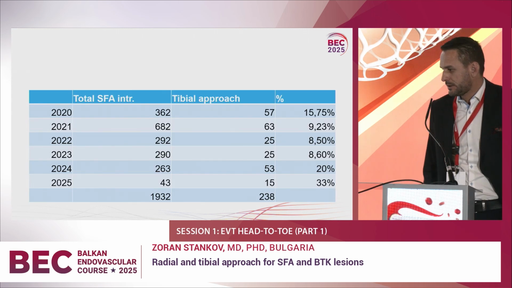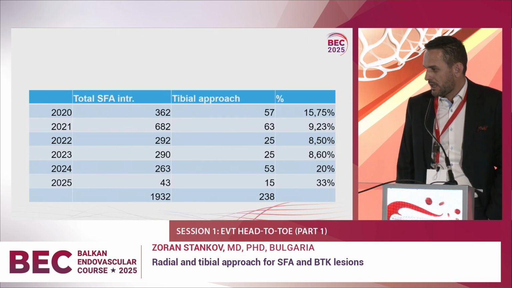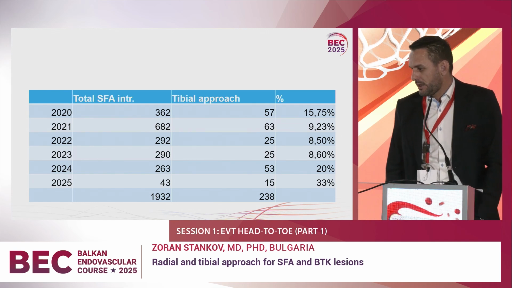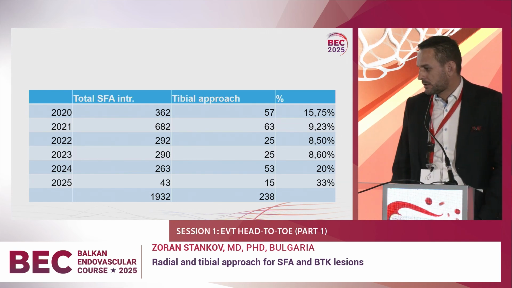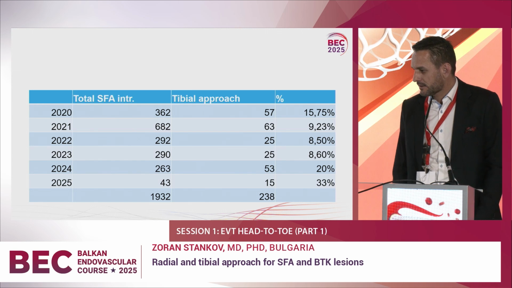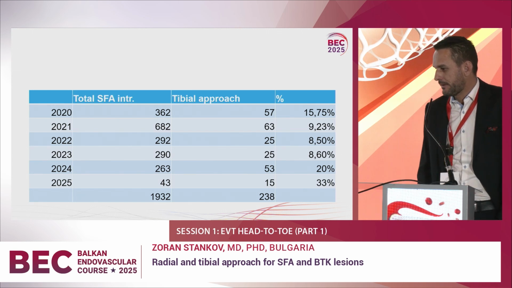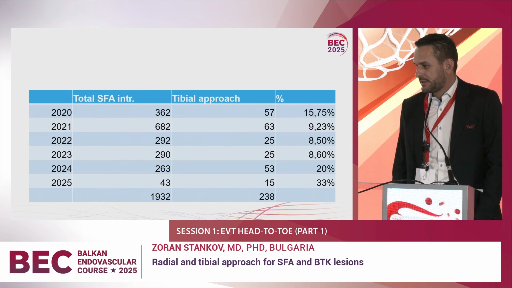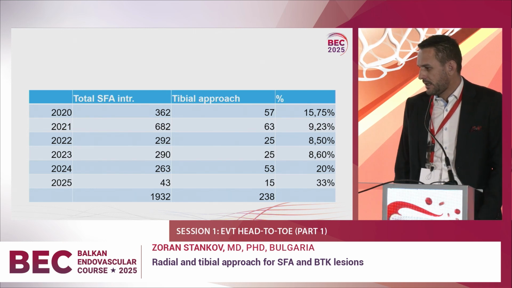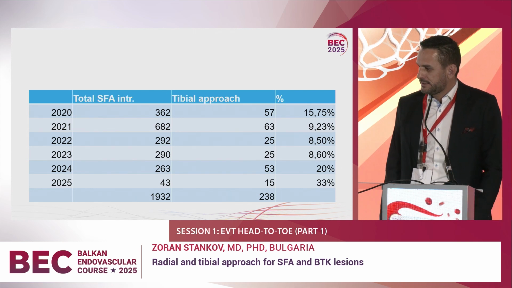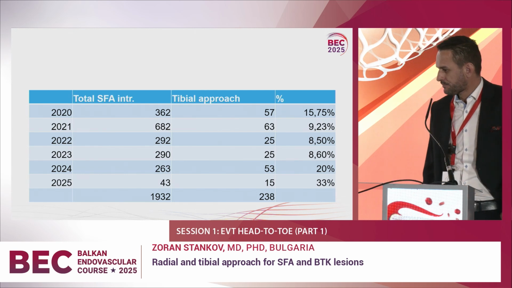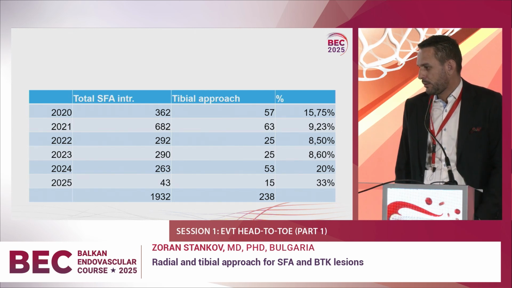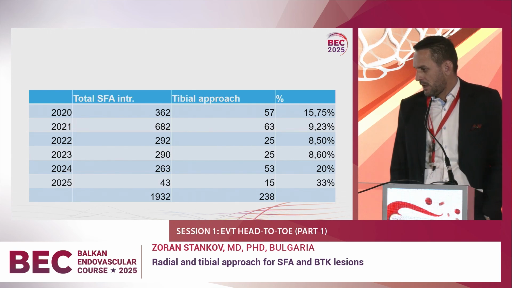Our experience with the tibial approach: over the last 5 years, we have around 2,000 patients with intervention of the femoral artery, superficial femoral artery, and we see in the second column the number of patients with tibial approach.